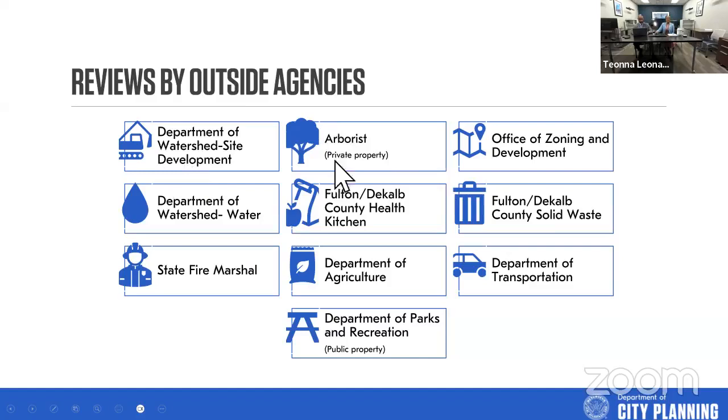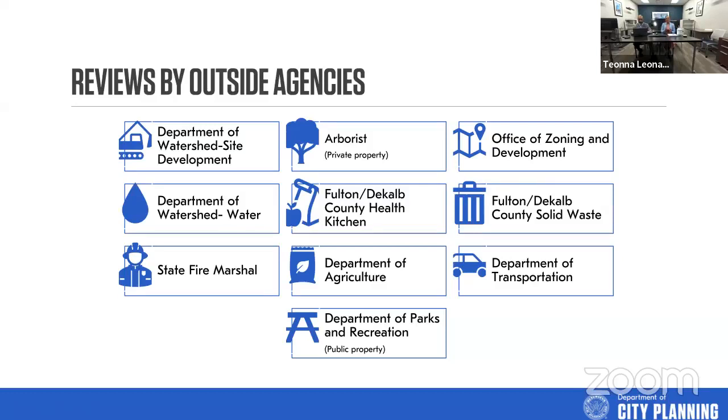I spoke a little bit about the outside agencies. Again, when you're dealing with a residential project, you deal with the arborist, which is under our department. The Department of Watershed Management Site Development deals with site development, erosion control, water runoff, green infrastructure, etc., and then sewer capacity and things of that nature.